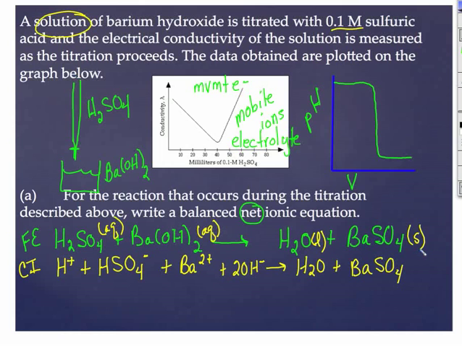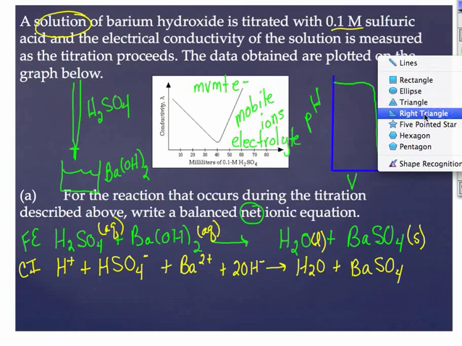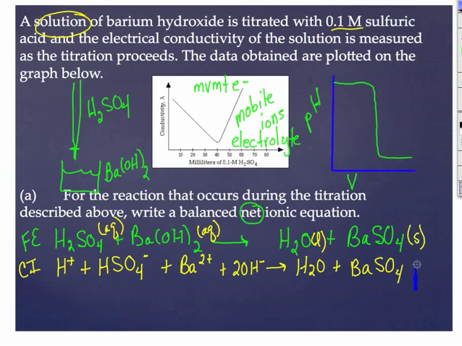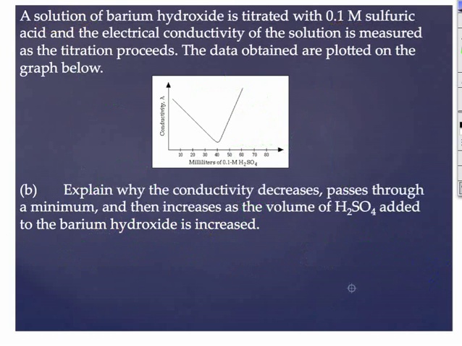And lo and behold, there are no spectator ions, the way I teach you to write sulfuric acid. And so, that's it. My complete ionic is also my net ionic. So part A is done. Let's forge ahead. You should be able to grab some good points there.